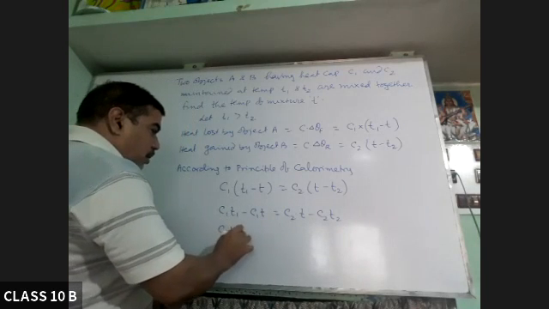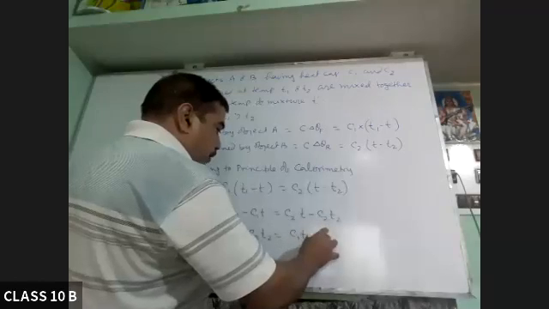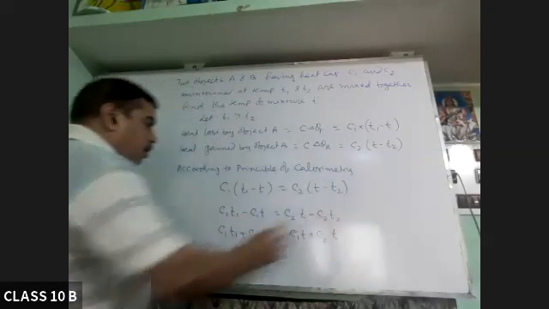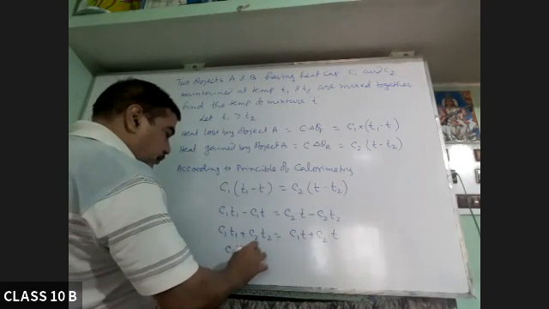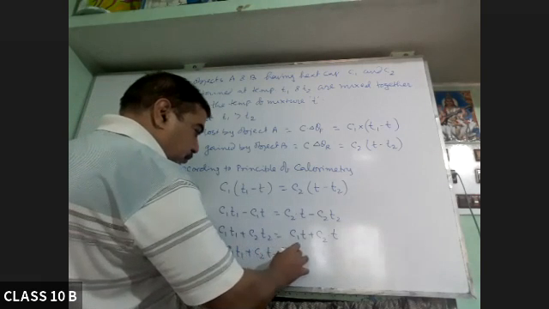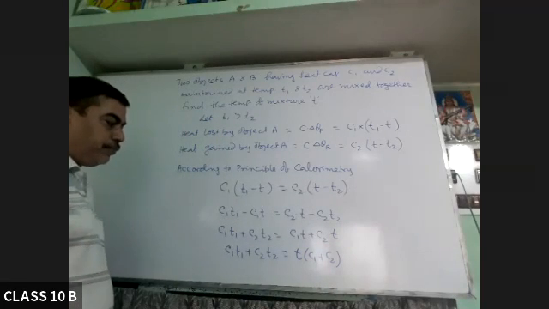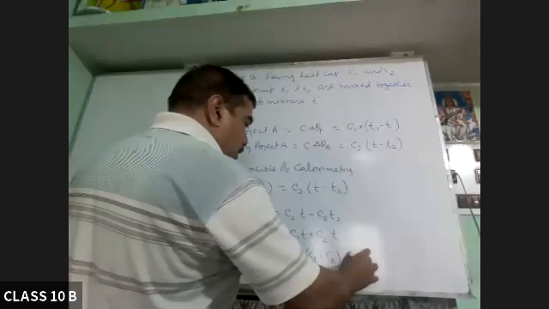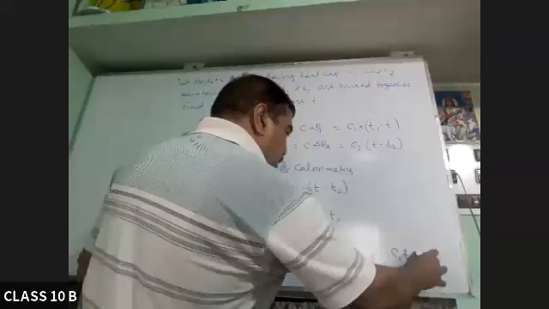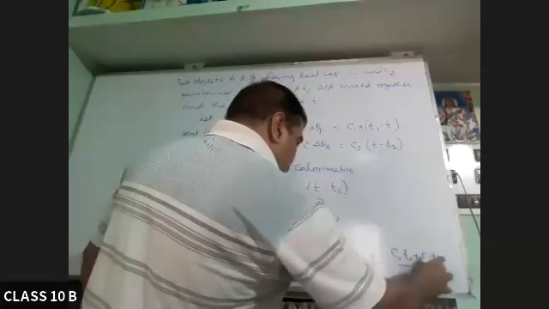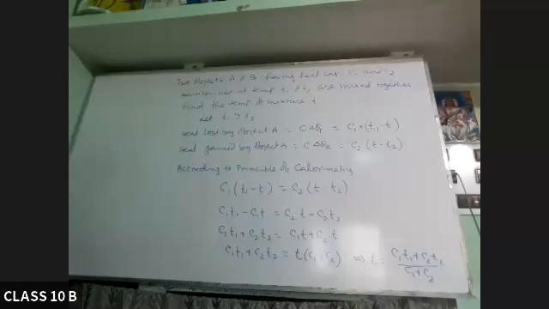So C1 T1 plus C2 T2 equals C1 T plus C2 T. Taking T common, T equals (C1 T1 plus C2 T2) divided by (C1 plus C2). This will be the temperature of the mixture.